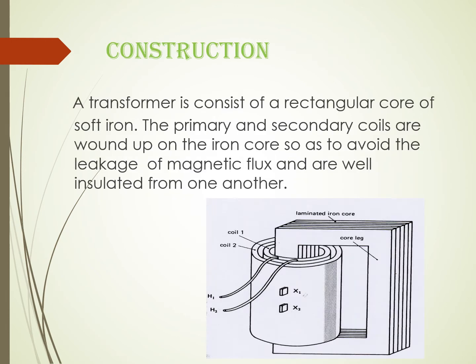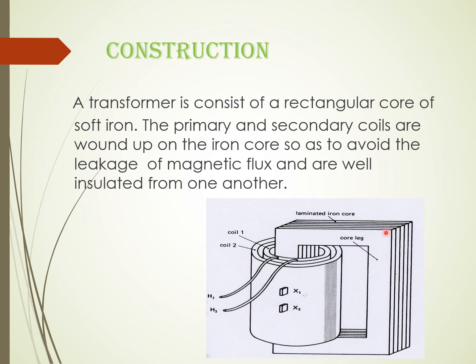Now we see in short how the construction of the transformer is. It is consisting of a rectangular core of soft iron. You can observe a rectangular sheet is there, and huge number of rectangular sheets are kept close to each other.